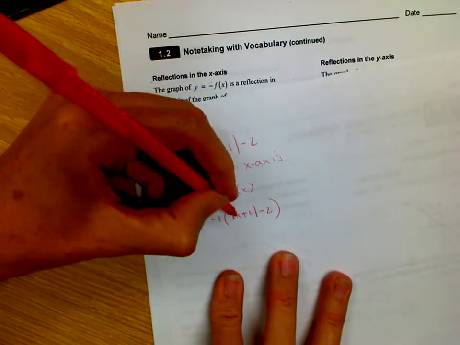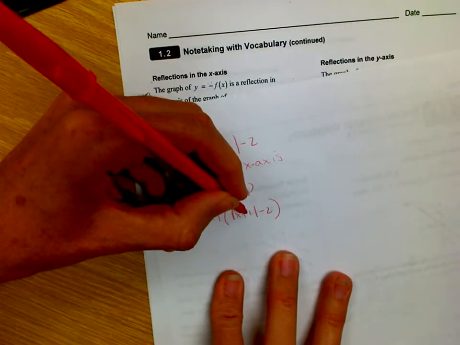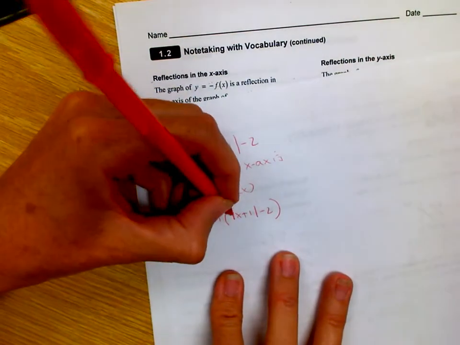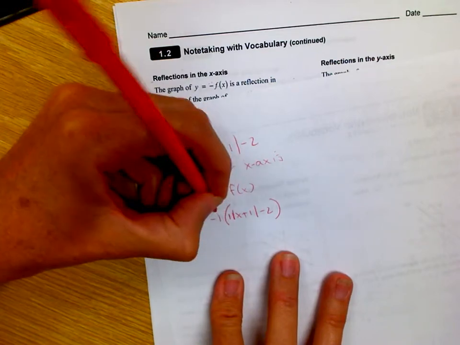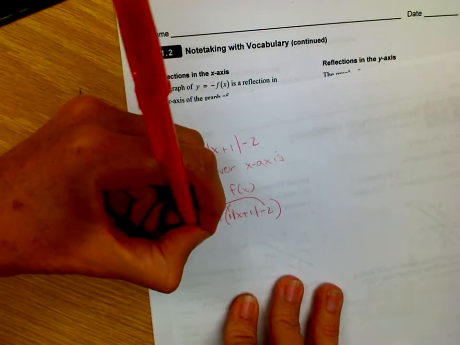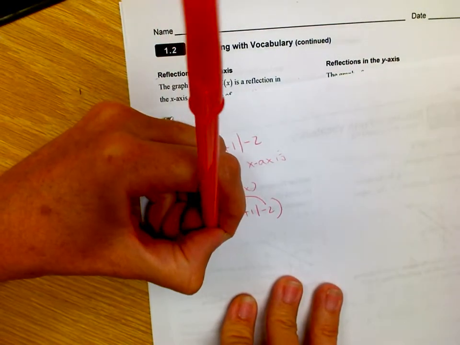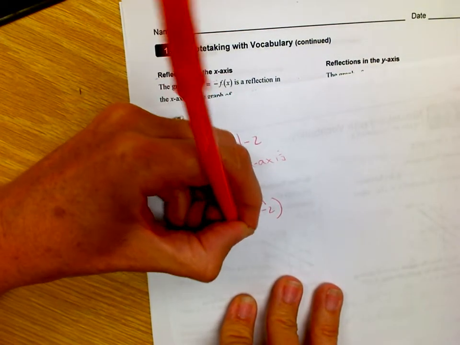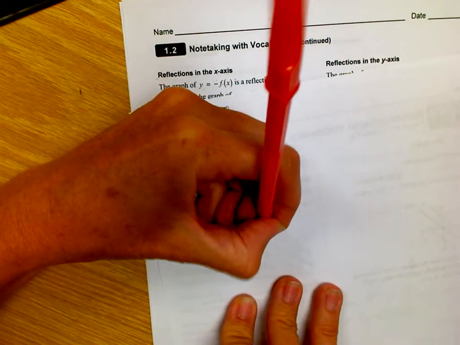And you are going to distribute. You're not going to distribute within the absolute value because those are not parentheses. But remember, it's almost like there's a 1 in front of here, and you'll multiply that and this by the -1. And so your final answer ends up being negative absolute value of x plus 1 and then plus 2.